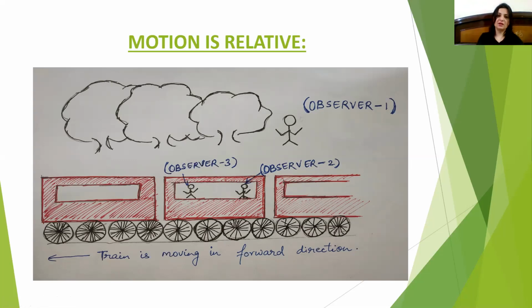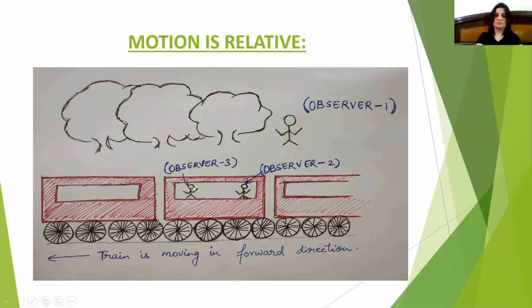And observer 3, who is sitting next to him in the same compartment, because his distance from observer 3 is constant, is not changing, for him observer 3 is at rest. So for observer 2, observer 1 and trees are moving in backward direction while observer 3 is at rest. Now observer 3.